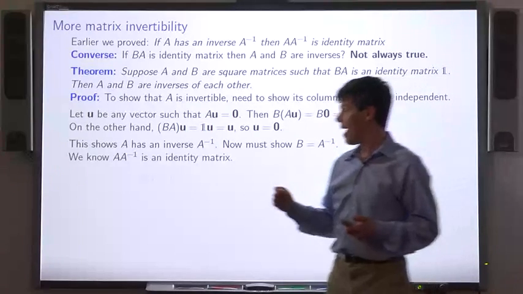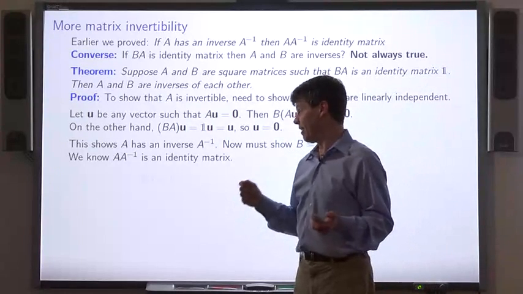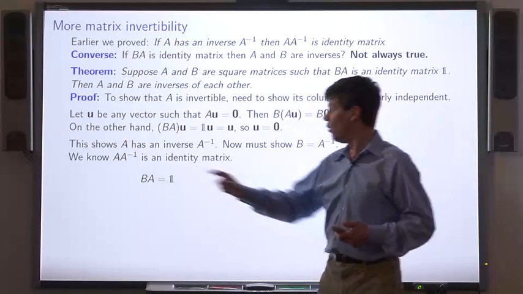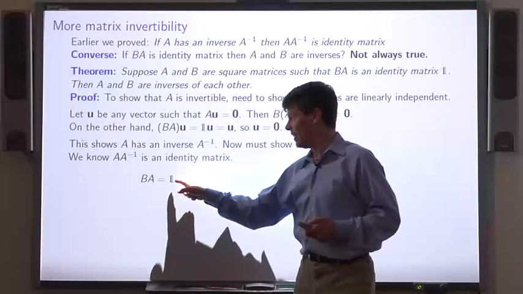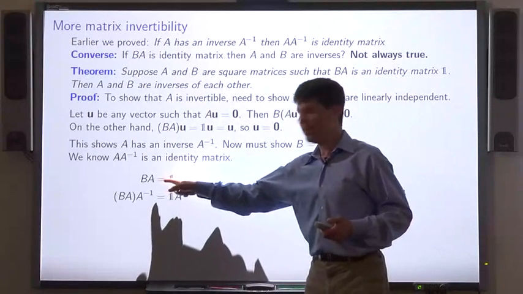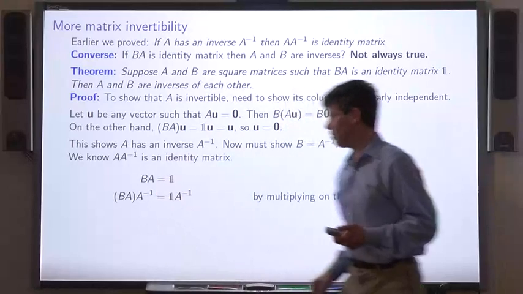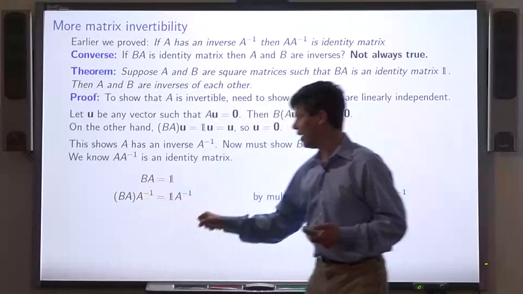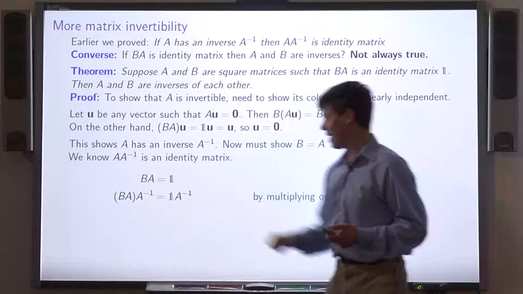Well, we know A times A inverse is an identity matrix. We know that B times A is the identity matrix. Well, let's multiply that on the right by A inverse. We get B times A inverse equals the identity matrix times A inverse.